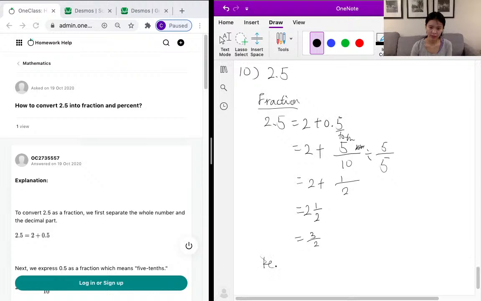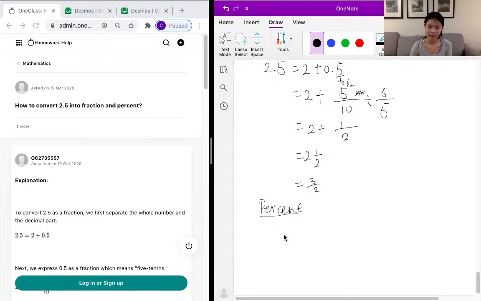Now let's try to do it in the percentage form. Okay, so we know that 1 is equal to 100% because the percent sign essentially just means over 100.